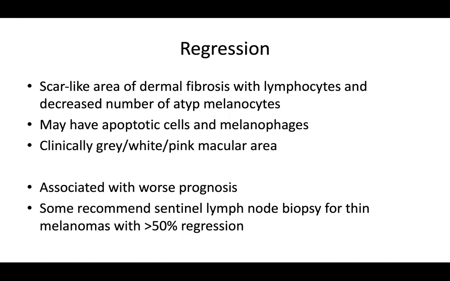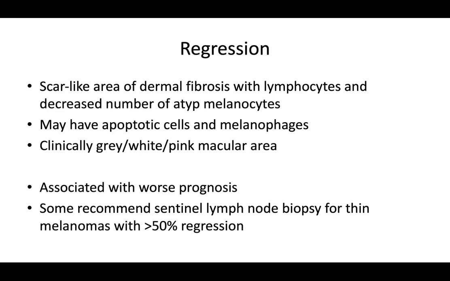What do we mean by regression? Regression is scar-like areas of dermal fibrosis within the tumor itself. Usually it contains lymphocytes and decreased numbers of atypical melanocytes. So even if you do your stains, you may find that there's a decreased number of detectable melanoma cells, but on the adjacent areas, you should find some melanoma in situ at least, or even invasive melanoma to the outside parts of the regressed areas.